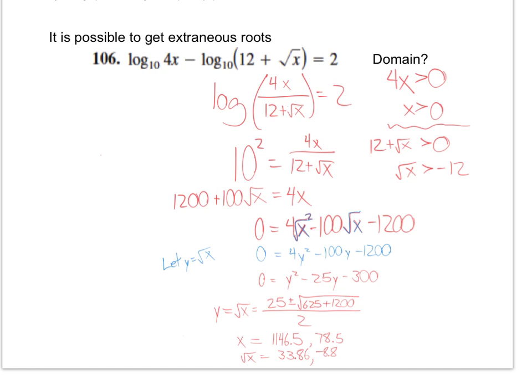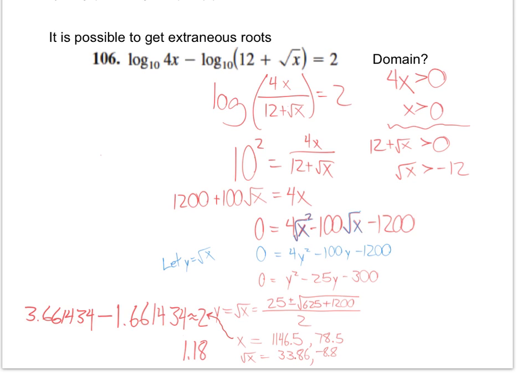Okay? Does that say x is equal to 1146.5 and 78.5? Yeah, approximately. Alright, so if you plug in the 1146.5, because we rounded, you may get just slightly off 2, alright?